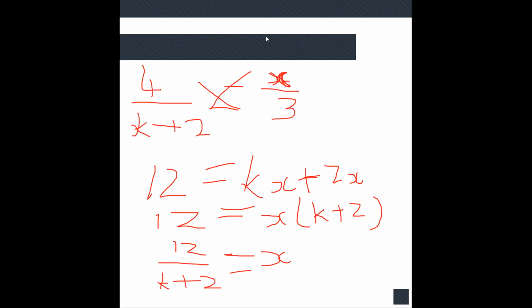Let's go back and find what exactly you're asking. So again, it is about factoring, but since they're asking for k in terms of x, you divide 12 by x instead, right? Divide 12 by x. 12 over x is equal to k plus 2.